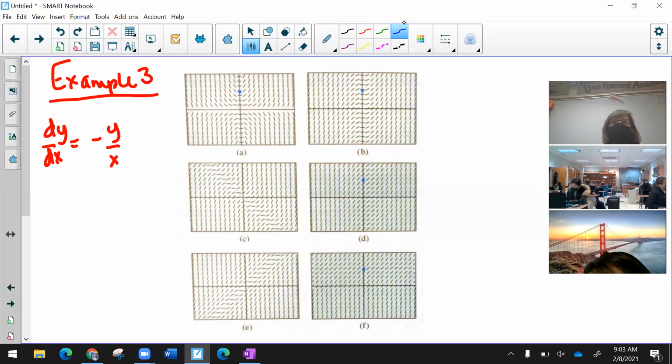Kate, what do you think? We can't divide by zero. Okay, so there can't be any values at x equals 0. So that's pretty much the y-axis. And that actually eliminates, which I hadn't thought of as a way of looking at it, pretty much everything except a and b, right?